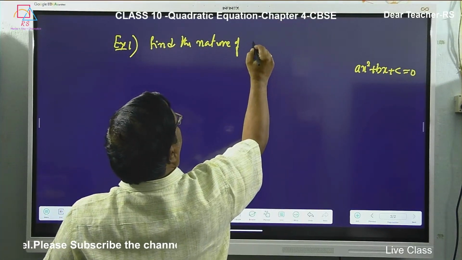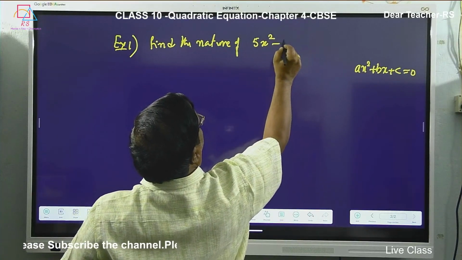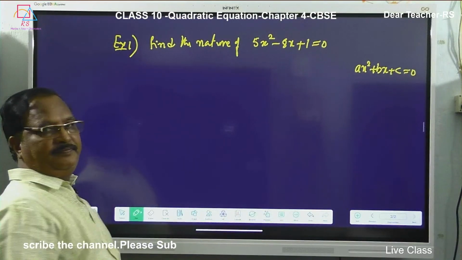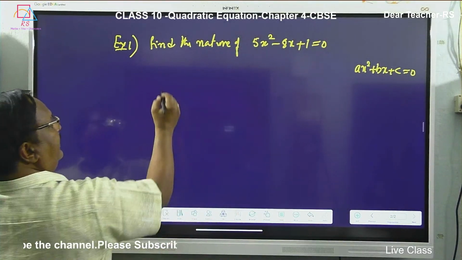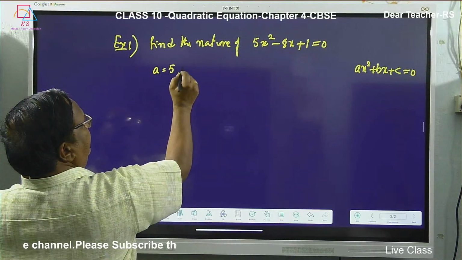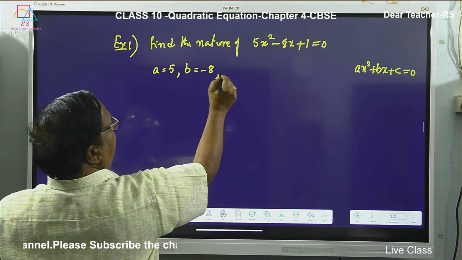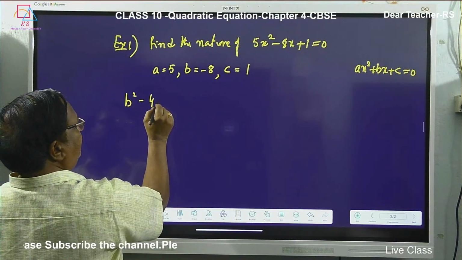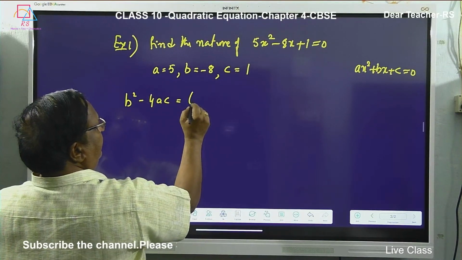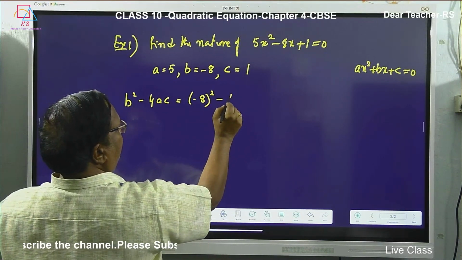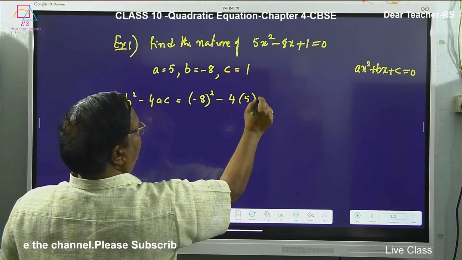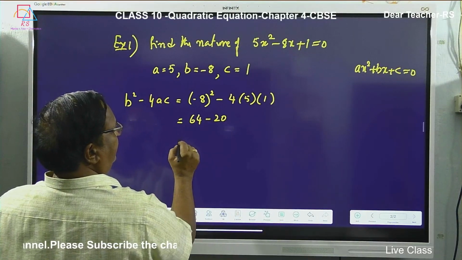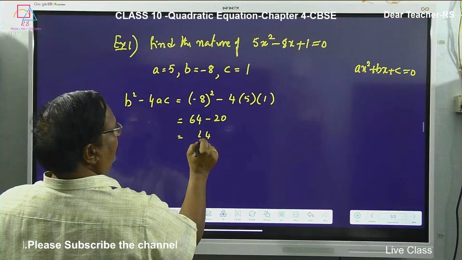Find the nature of the roots of 5x square minus 8x plus 1 is equal to 0. So now here a is equal to 5, b is equal to minus 8 and c is equal to 1. We have to find out b square minus 4ac. So b is minus 8 whole square minus 4 into 5 into 1. So 64 minus 20, that is 44.